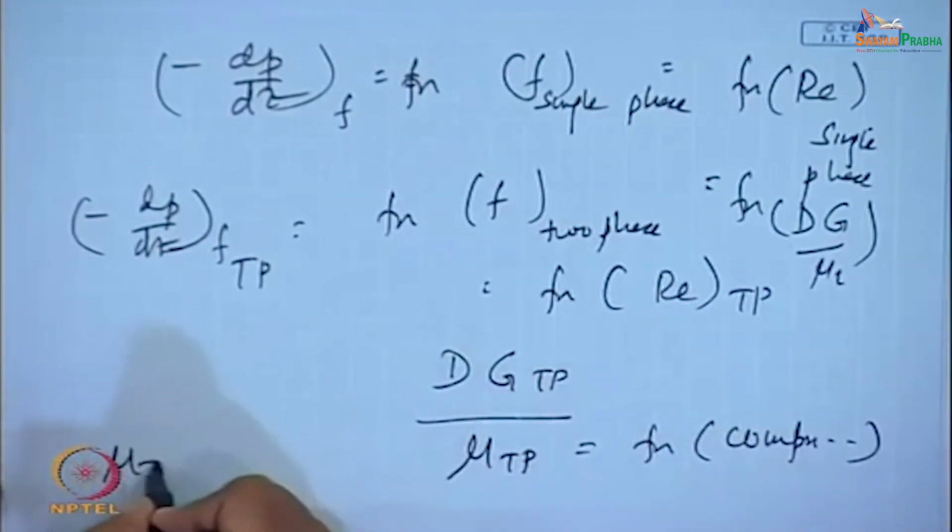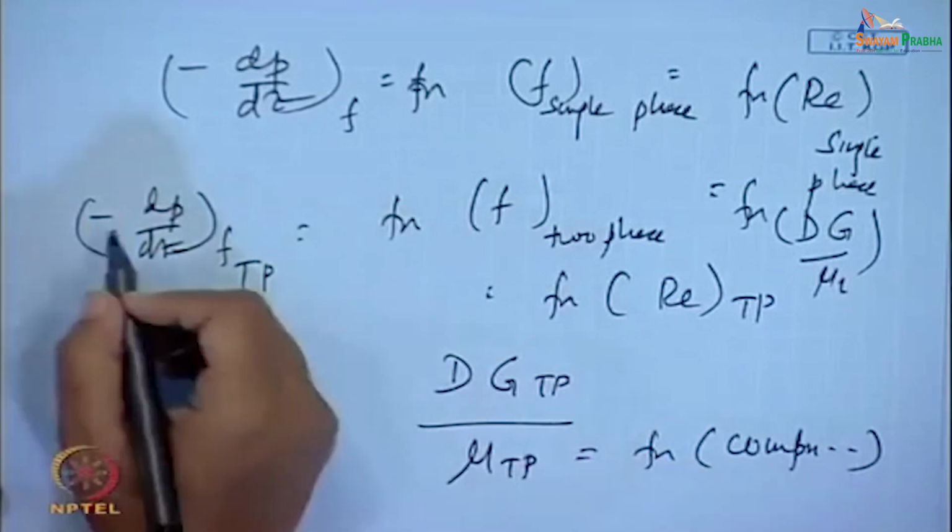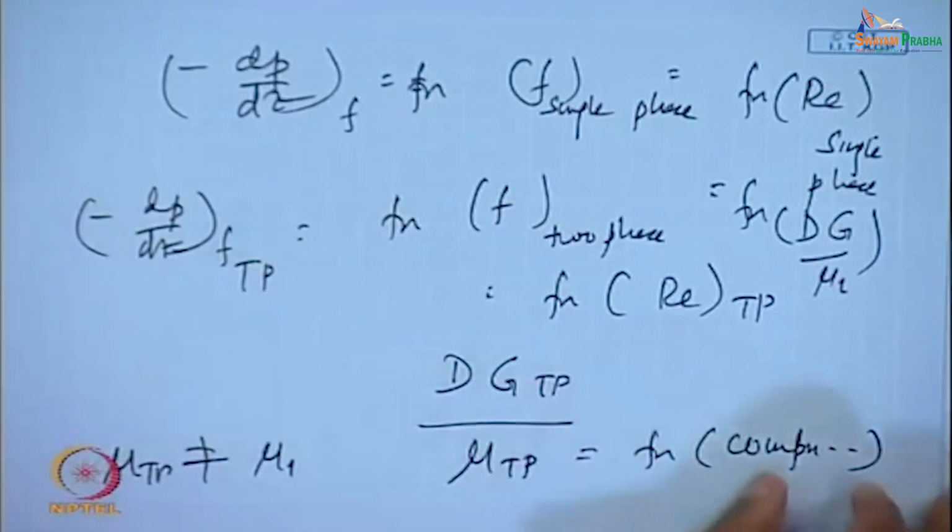So, definitely mu_TP can never be equal to mu_1 or mu_L, whatever it is. So, therefore, we find that even if we assume homogeneous flow theory, your frictional pressure gradient for the two cases will not be the same.